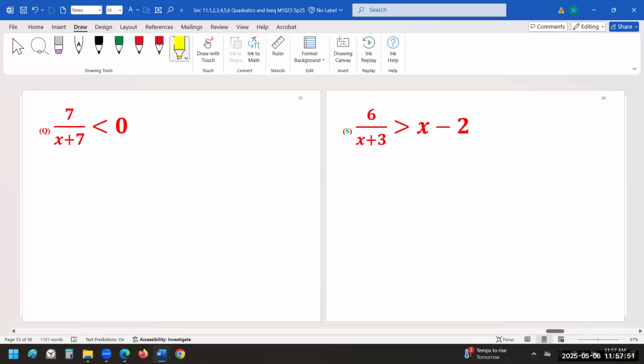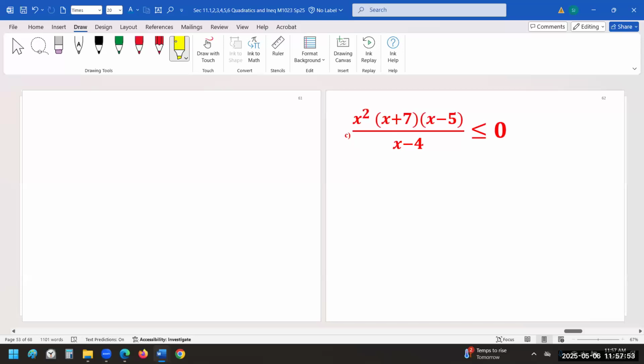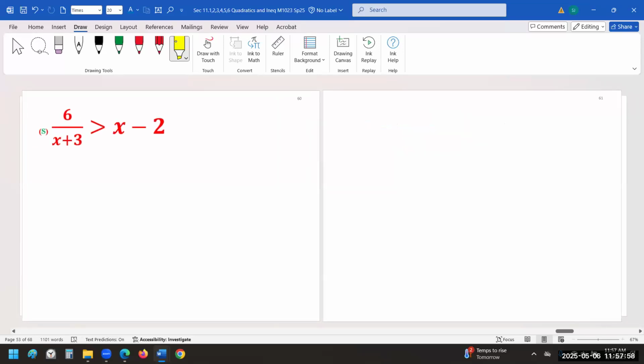So let me do one question quickly. Something like this one, which is already factored. So this question is not factored yet. So you have to see 0, so you bring this on this side, and then you do combination, like you add and subtract with the same denominator, and then you do the same thing.